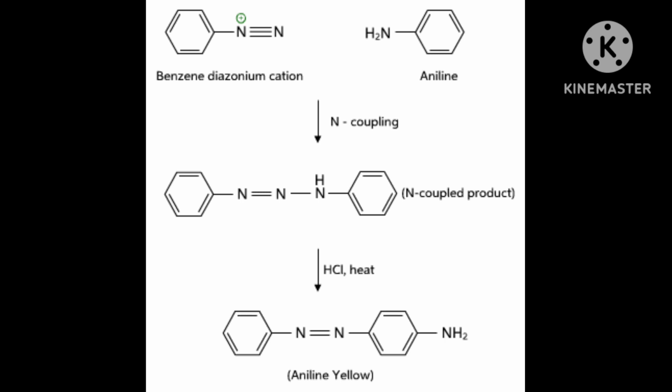Because NaNO2, Na will go as Na plus, NO2 will be minus, and HCl is also there. Then the H2 of NH2 will go as water, and N will join with the other N of NO2. Now N2 is joined, and oxygen will again go as H2O, and because HCl is there, that is providing the chloride. Then you will get N2Cl, the diazonium salt.